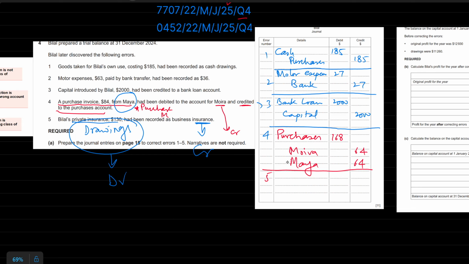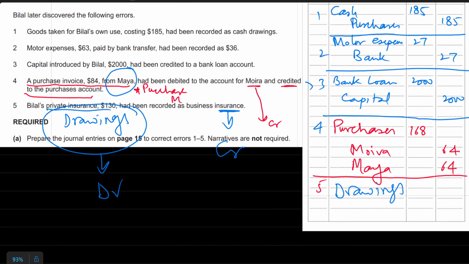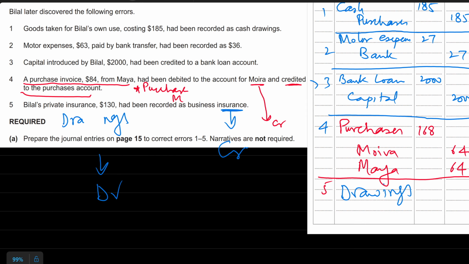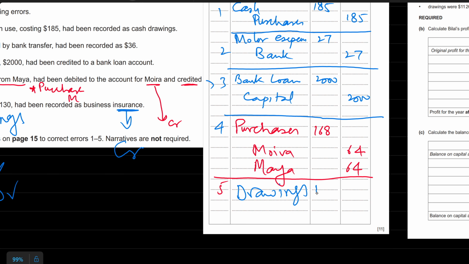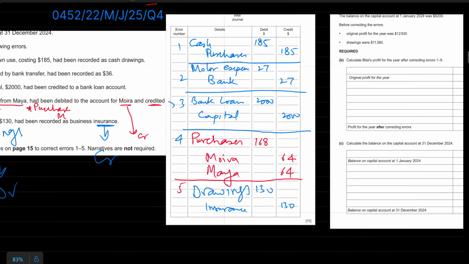We will make a debit entry in this account. So drawings will be debited by 130, and insurance will be credited by 130.